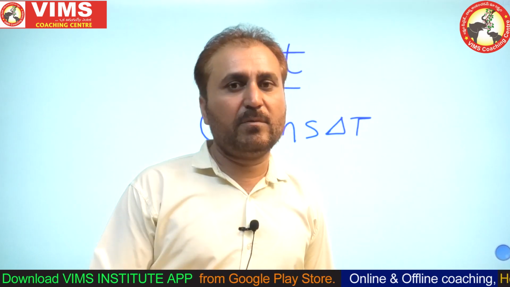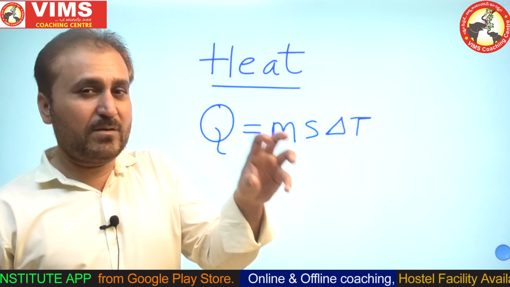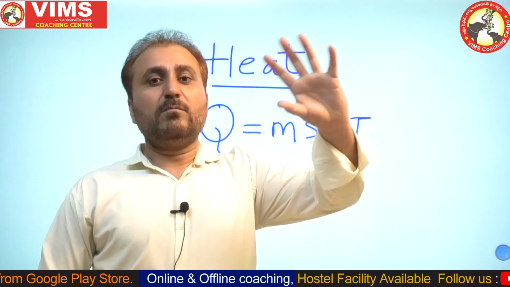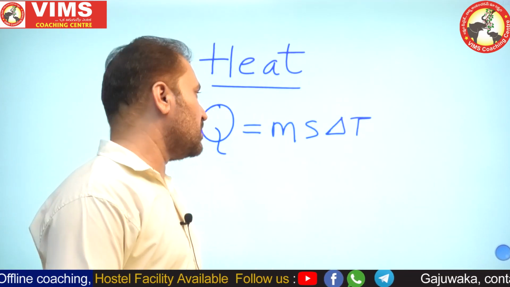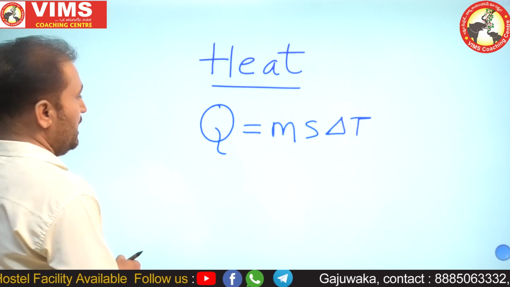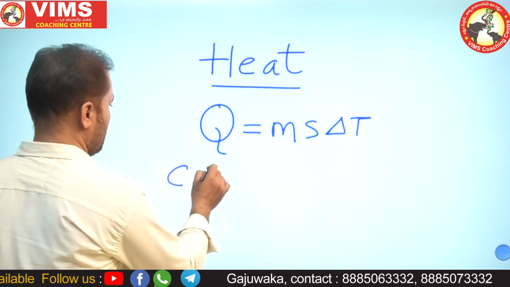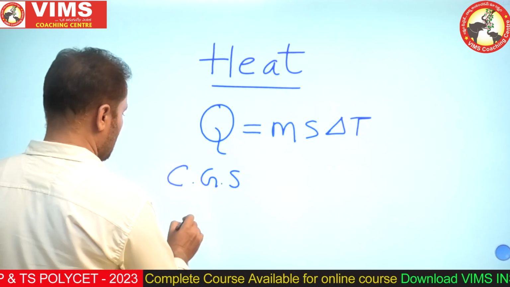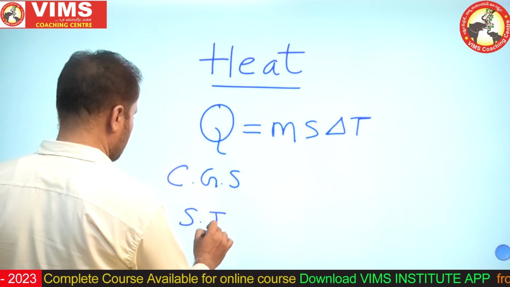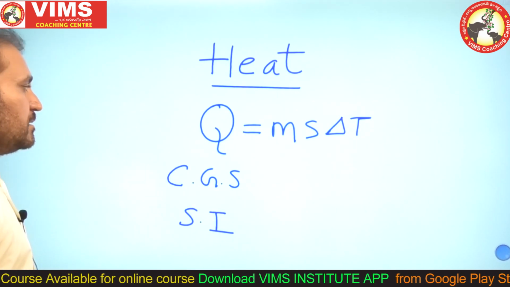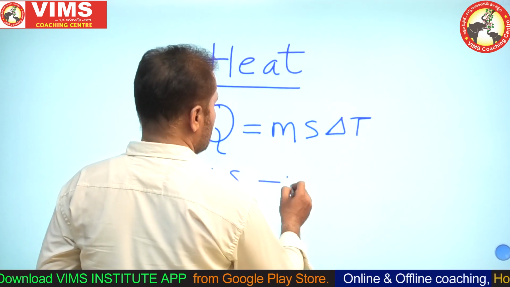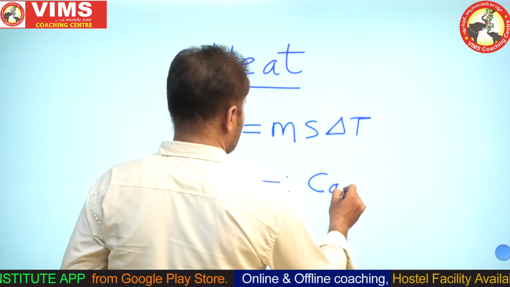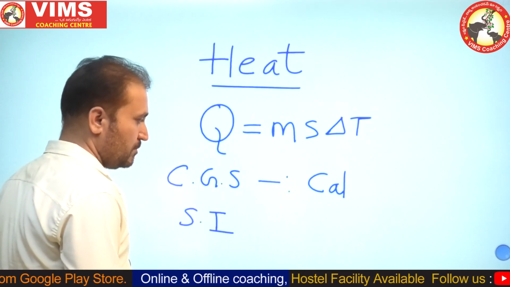Fine, heat is a measurable quantity, sir, but in physics measurable quantities need certain units. So let us see what are the units of heat in CGS system as well as in SI system. In CGS, heat lost or heat gain is measured using a unit called calories, short form cal.